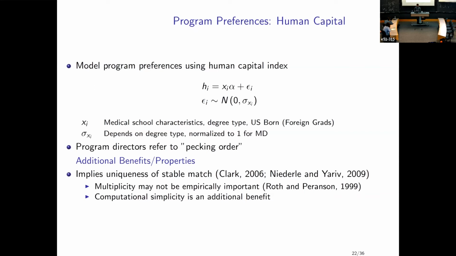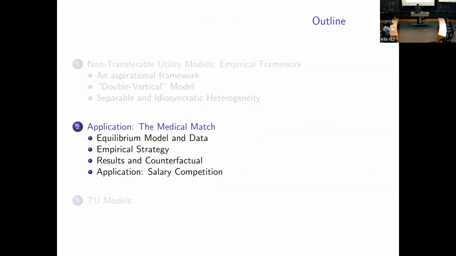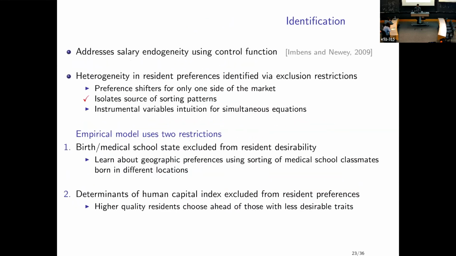So quite heterogeneous on one side, limited heterogeneity, no heterogeneity on the other side, to make some progress. And the salary endogeneity is going to be handled with a control function approach. There's also going to be this idea of exclusion restrictions on each side that are going to tell me something about heterogeneity.